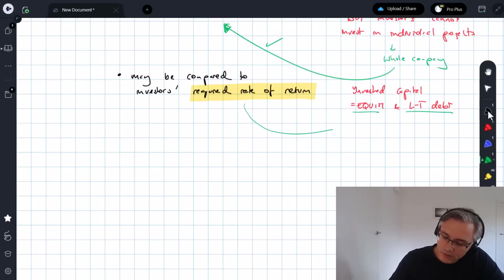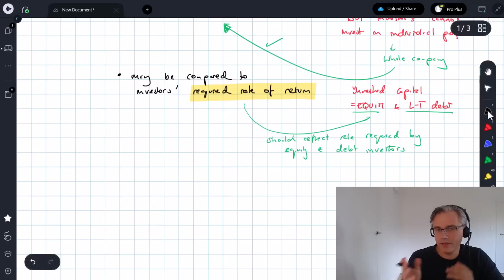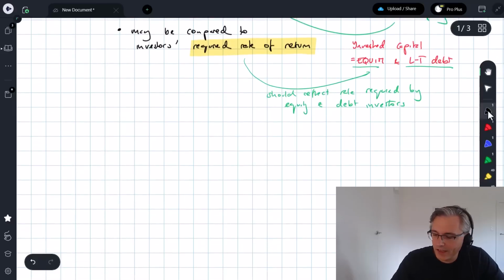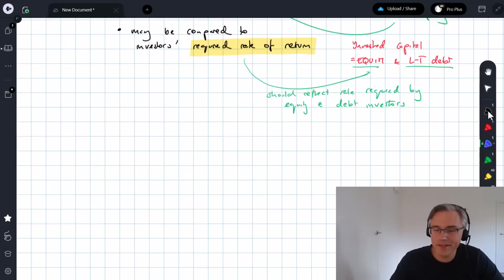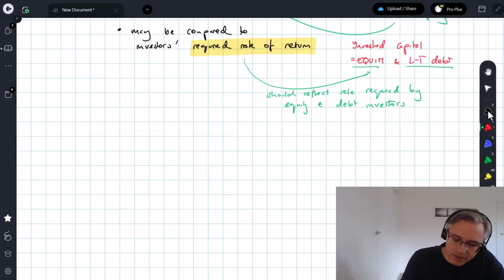So required rate of return should reflect the rate required by both equity and debt investors. They will have different rates of return, and we have to strike a balance between it. We typically compute things like the weighted average cost of capital, which is a nice way of balancing the rates of return required by the two investor types. Okay, not in this reading, however, don't worry about the technicalities.